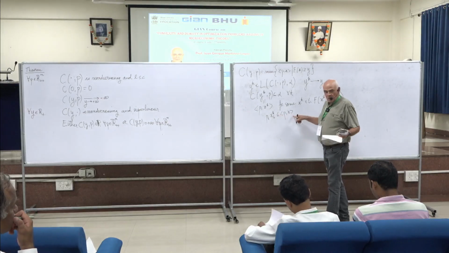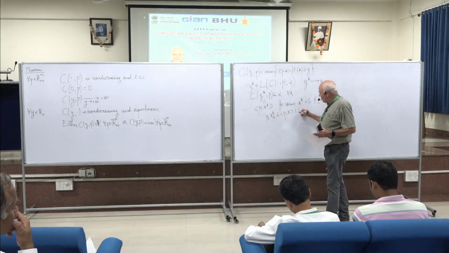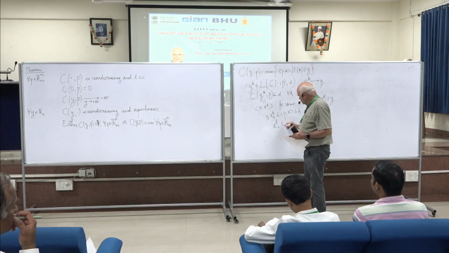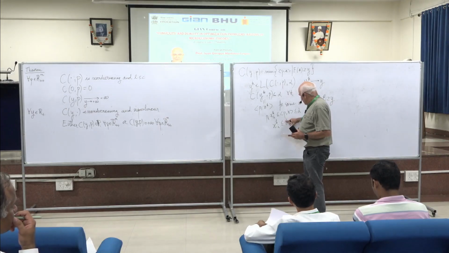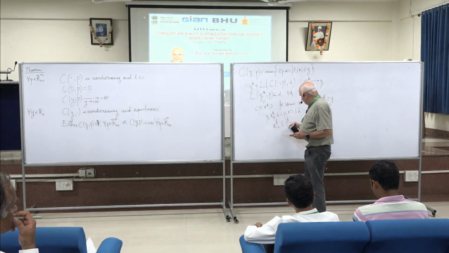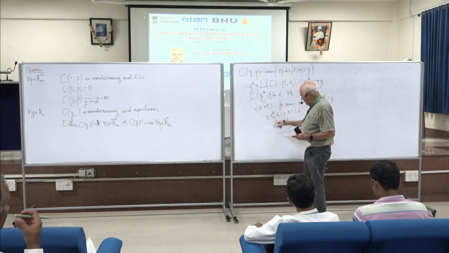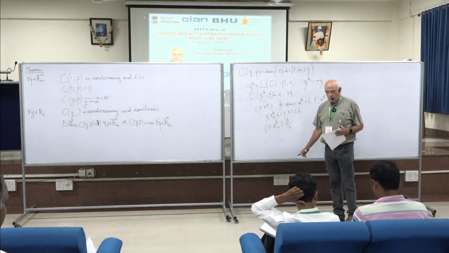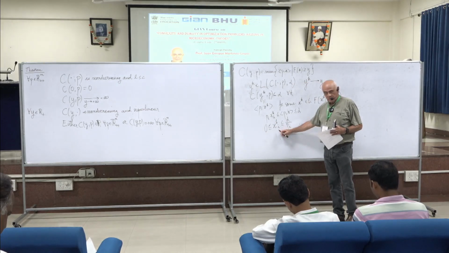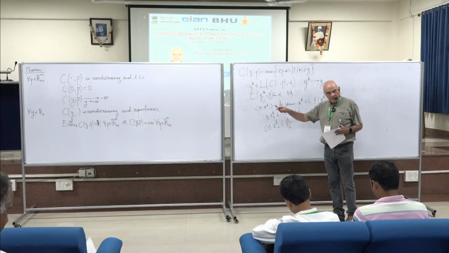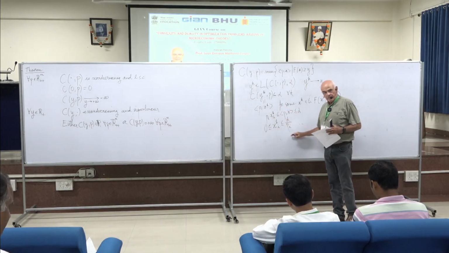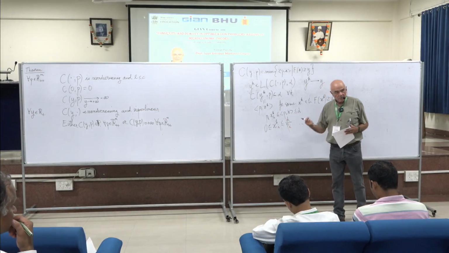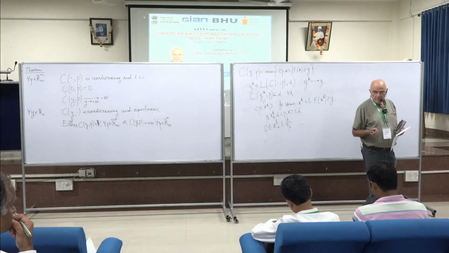So each term is less than or equal to the sum, and this is less than or equal to alpha. So xka is between alpha divided by pa, which doesn't depend on k, and 0. So all the components in this sequence are bounded by bounds that do not depend on the particular element in the sequence.